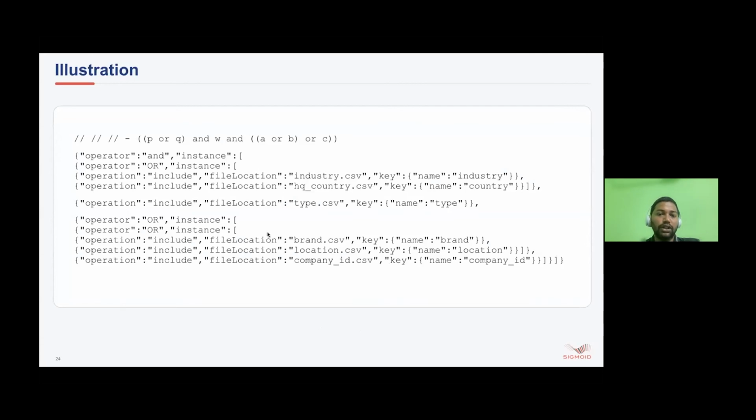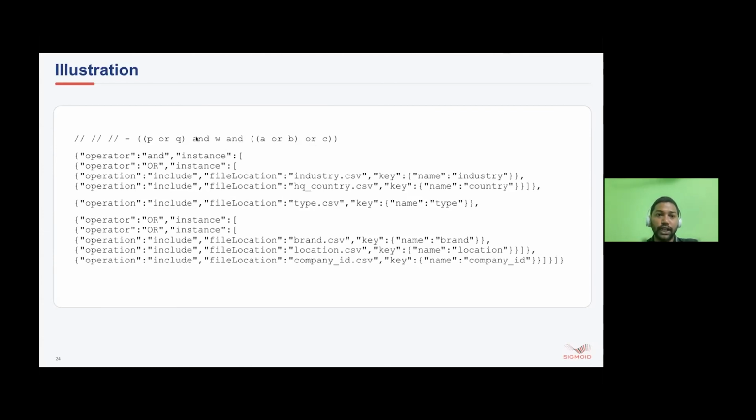So let's see an object that I've created and have run in the Spark UI. Okay, so I have some figures for that, some images. So suppose we have this filter expression P or Q and W and A or B or C, right? So there are like 6 filters, and we are nesting them together with all these operators, right?